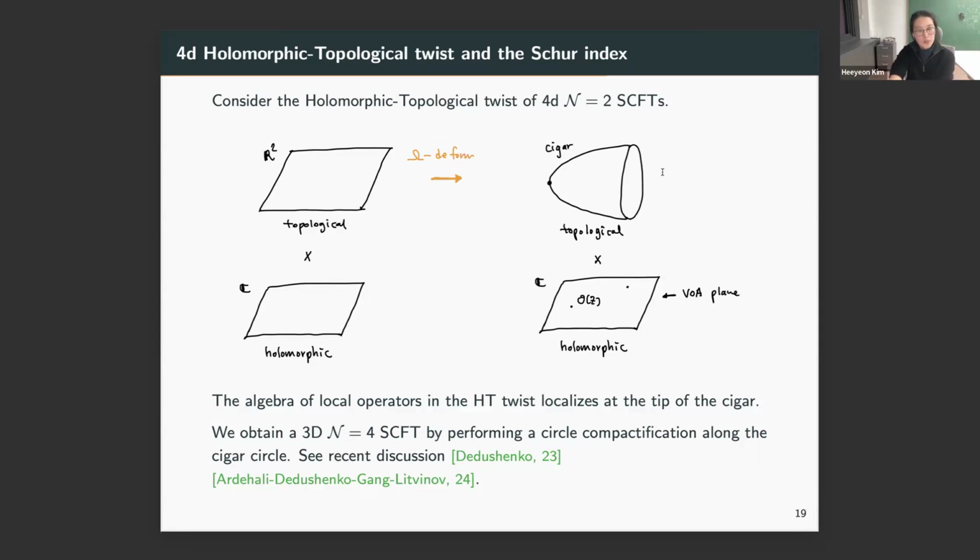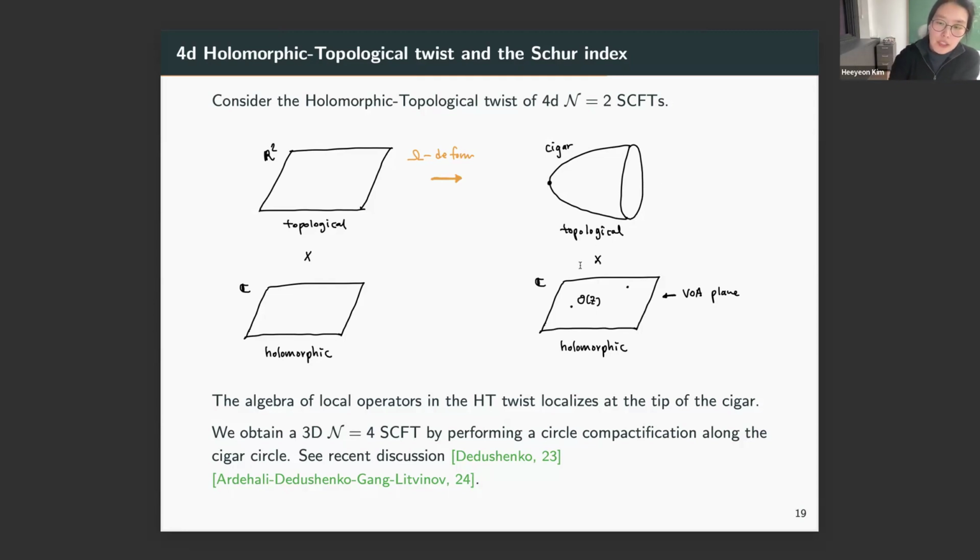Then you can show that the algebra of local operators in the holomorphic-topological twisted theory localizes at the tip of the cigar. And we obtain a 3D N=4 theory by performing a circle compactification along this circle, the cigar circle.